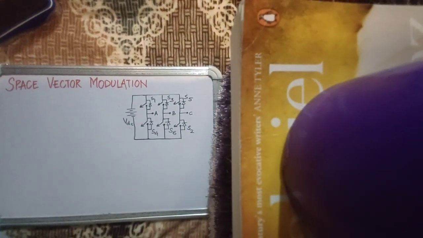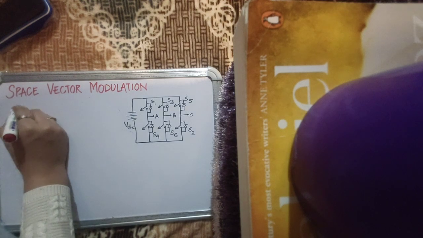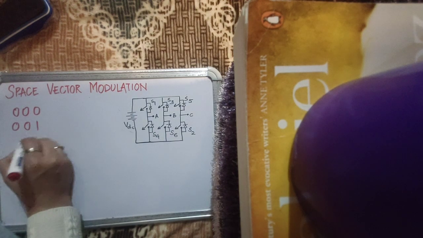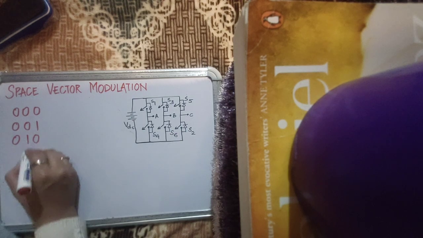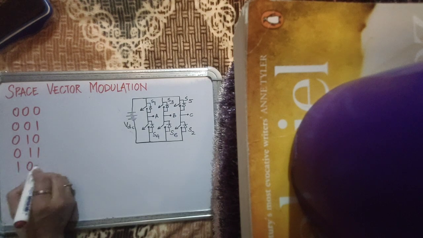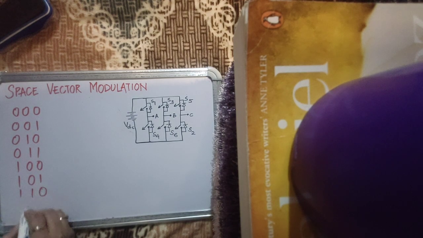Digitally tabulate these states. You can have 0 0 0, 0 0 1, 0 1 0, 0 1 1, 1 0 0, 1 0 1, 1 1 0 and 1 1 1.